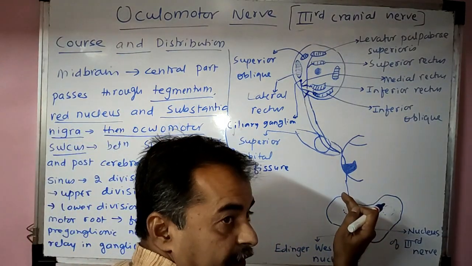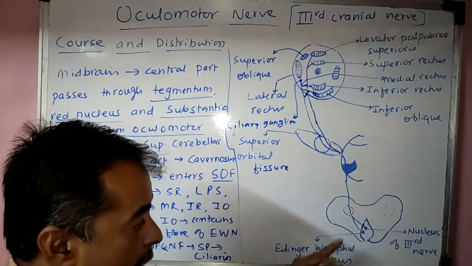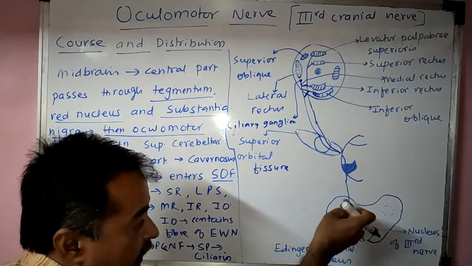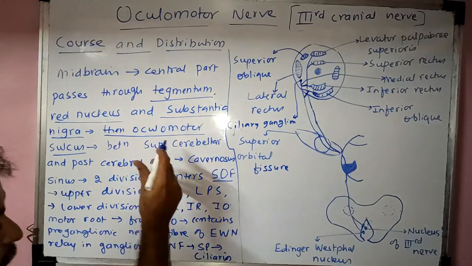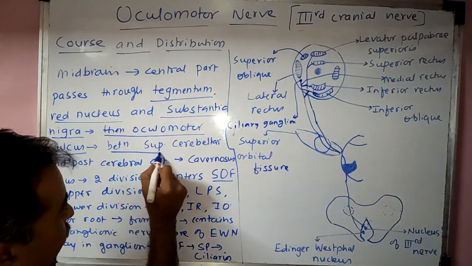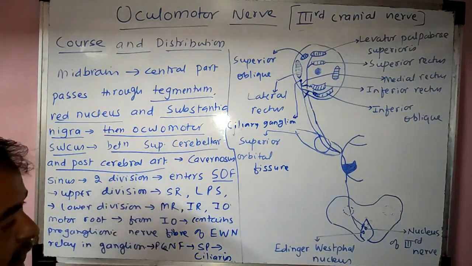After arising, it passes through the tegmentum, red nucleus, and substantia nigra, and then from the oculomotor sulcus, it passes in between the superior cerebellar and the posterior cerebral artery.